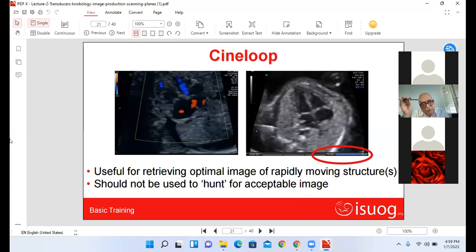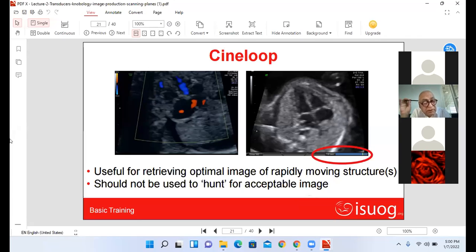When we roll the trackball, it helps us go to different frames. It is useful for retrieving the optimal image of rapidly moving structures. It should not be used to hunt for an acceptable image, because for an acceptable image, we try to look specifically at one point and then freeze the image. That is a better way of doing things.